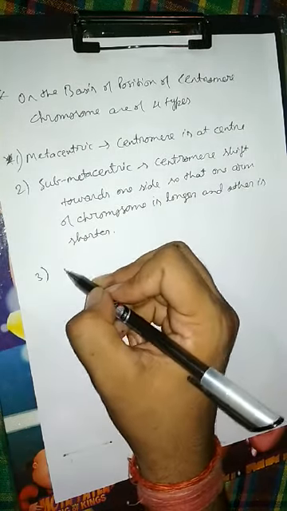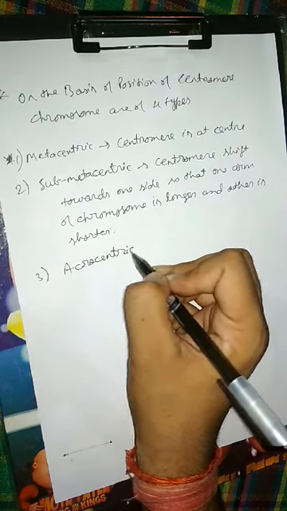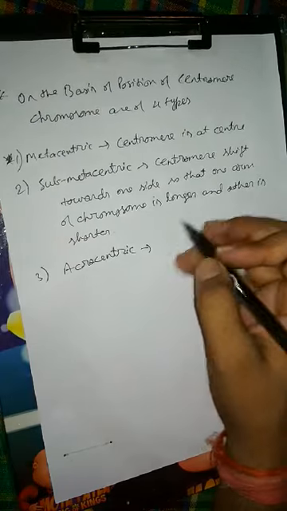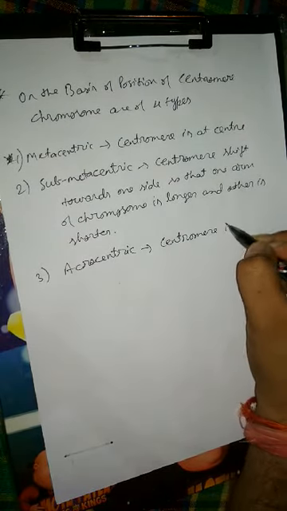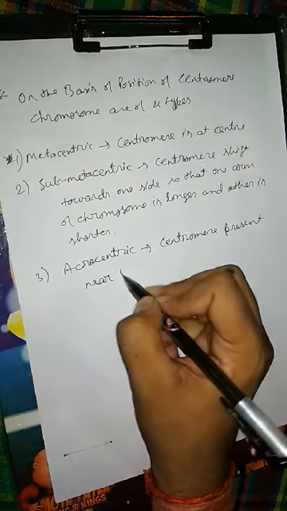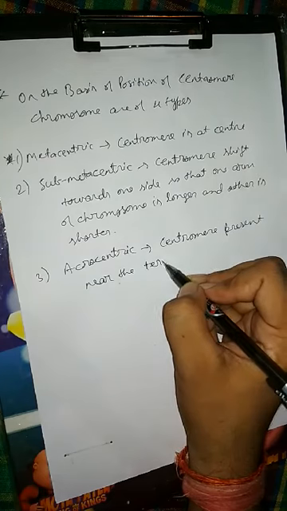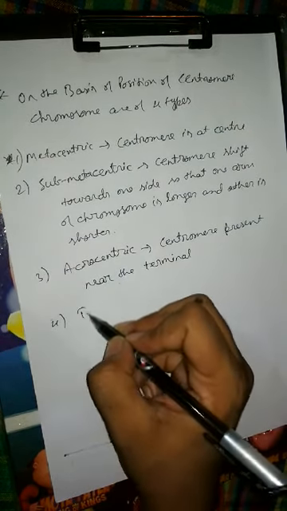Third one, very simple, acrocentric. In the case of acrocentric, the centromere is present near the terminal. I am saying near the terminal, not at the terminal, because that happens in the telocentric.